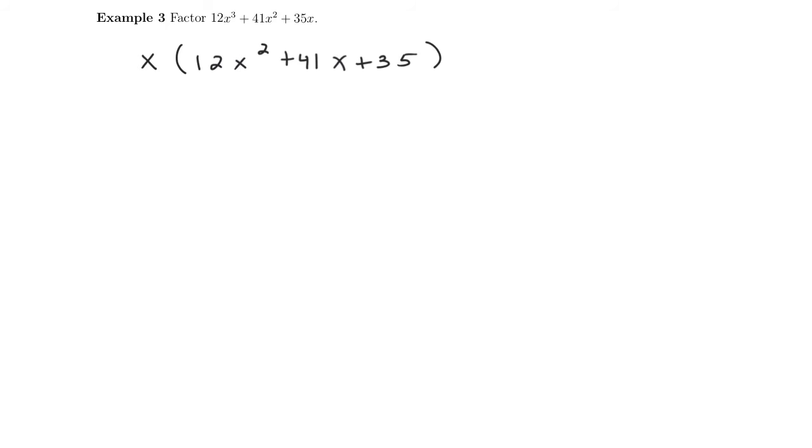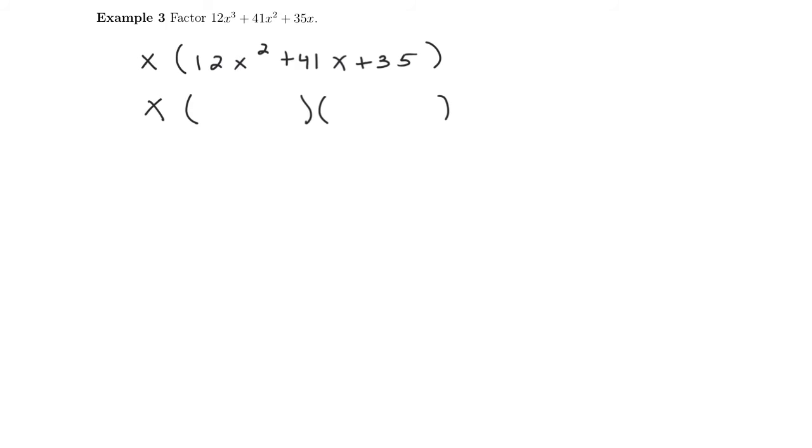So as we saw last week, if I'm looking to break this up into an expression like this, we could take a guess and check approach where I could think about this 12 and this 35 and just try to fill in things that work. So let's see.